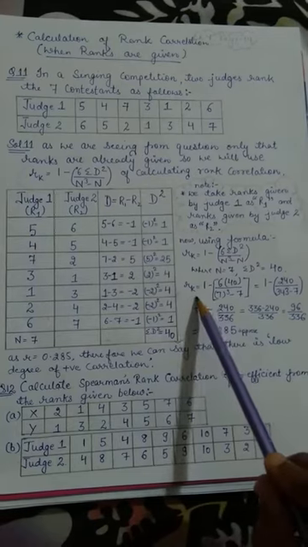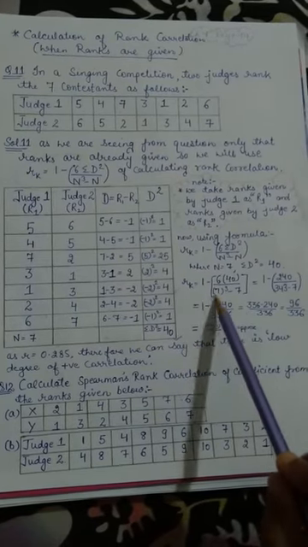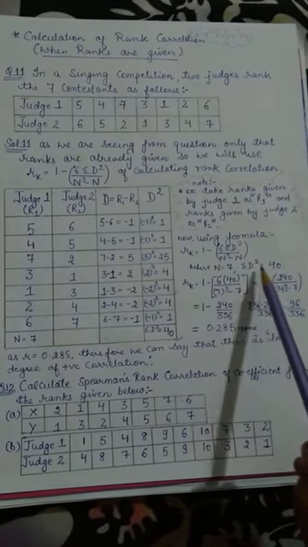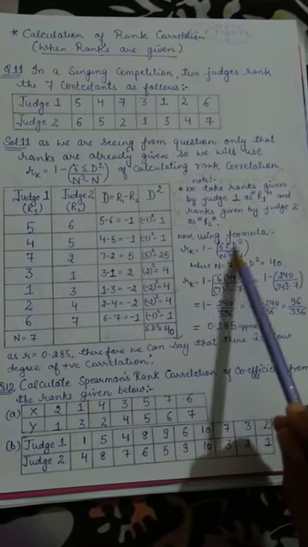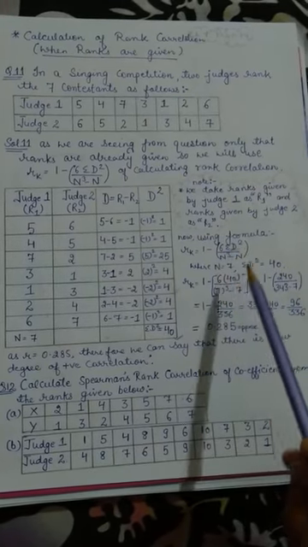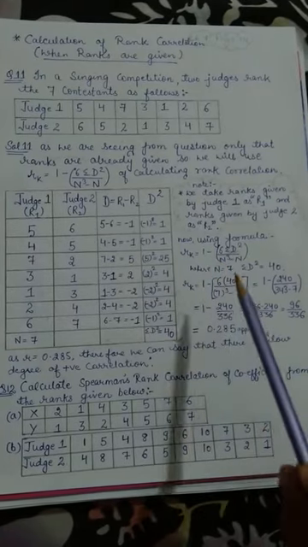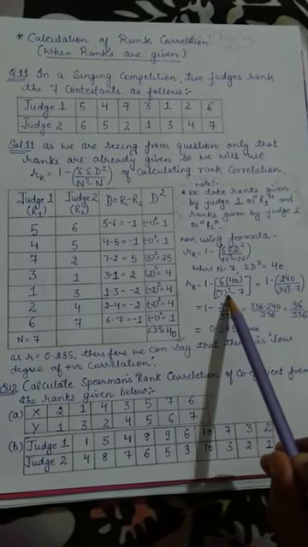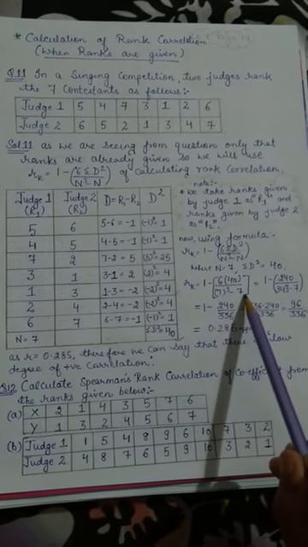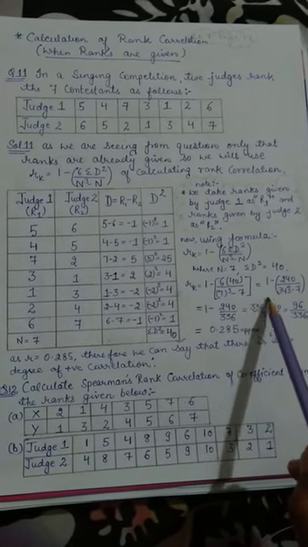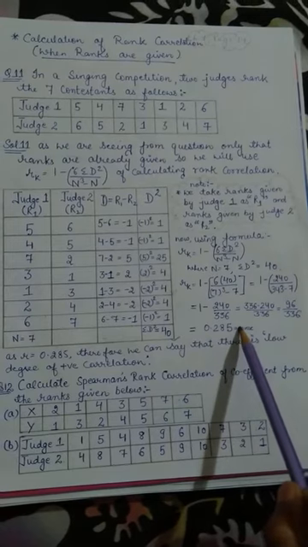So students, your Rk is equal to 1 minus bracket 6 into 40, because this d square sum is your 40. Then what will be your n cube? n cube will be 7 cube, then minus 7. Now this is your mathematical calculation.